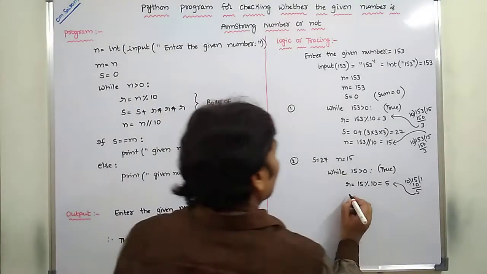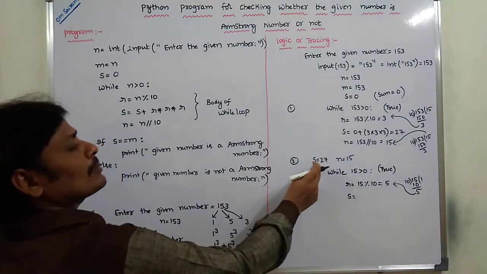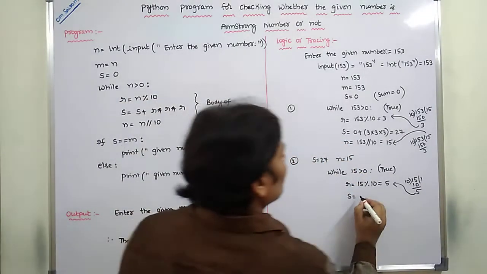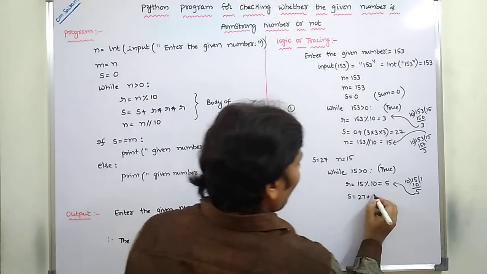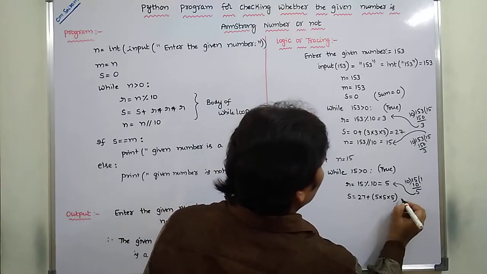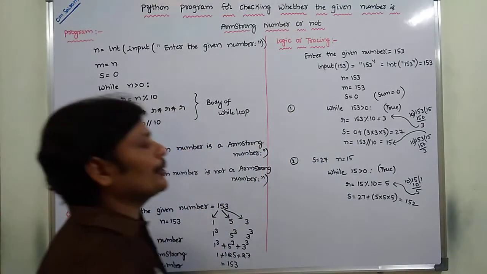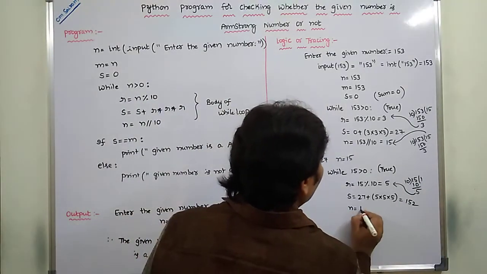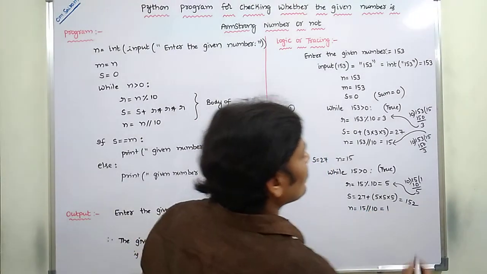Next one, s is equal to s plus r cube. The s value from the first iteration is 27, plus the r value 5, so 5 into 5 into 5, so that is 152. We get 152. Next, n is equal to 15 divided by 10, we get 1.